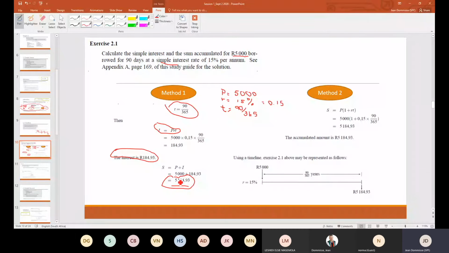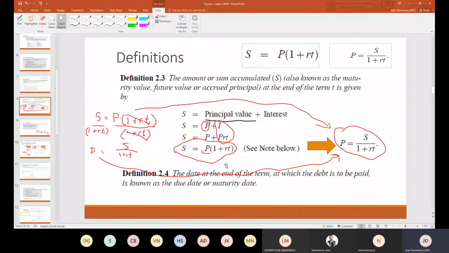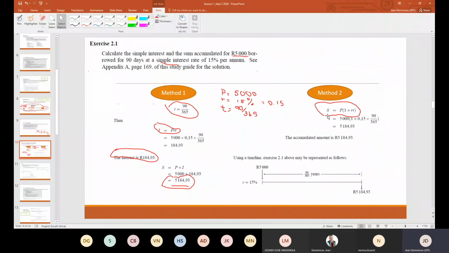What you could have also done is basically used the other formula that we've done in slide 8. That would have given you the basic total amount of 5,184 if you used it.